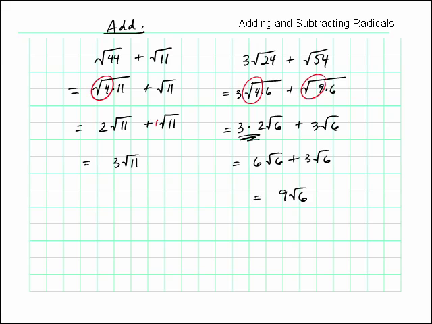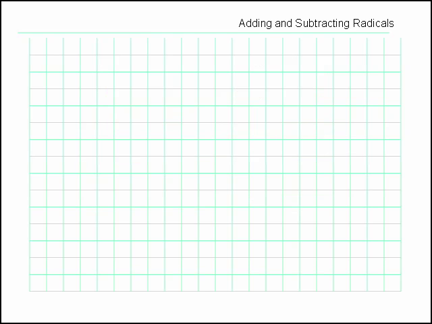Let's look at another one. 2 square root 20x minus square root 45x. Okay, simplifying. 20 is 4 times 5. 45 is 9 times 5.